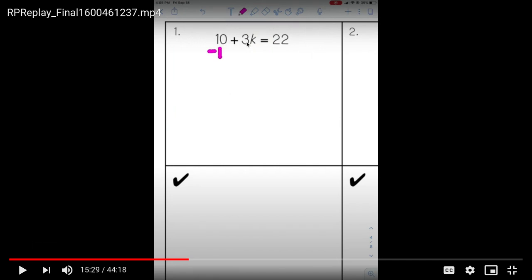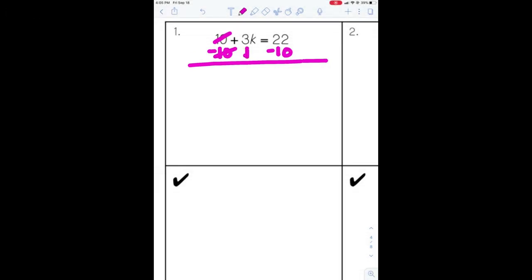So even though this is written as 10 plus 3k, I can still subtract this 10. So I'm going to subtract 10 from both sides to undo that addition. So that's 10 minus 10 is 0, so I'm going to be left with 3k over here. And 22 minus 10 is 12, so I'm going to get 3k equals 12.